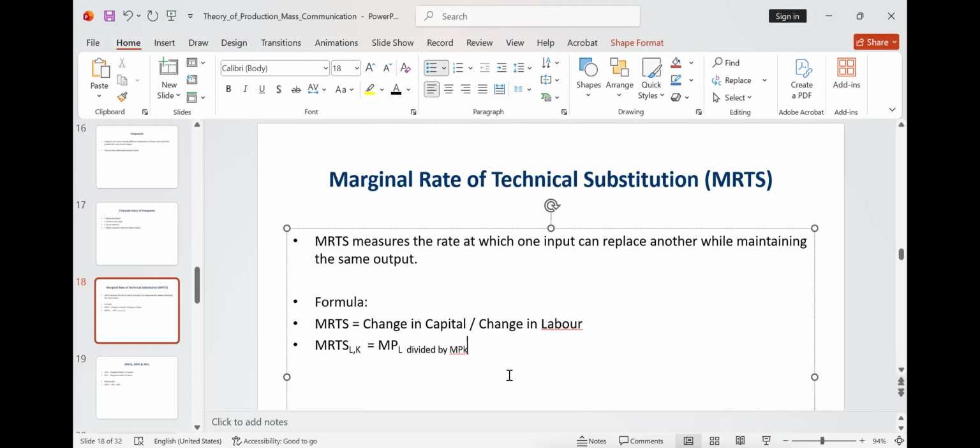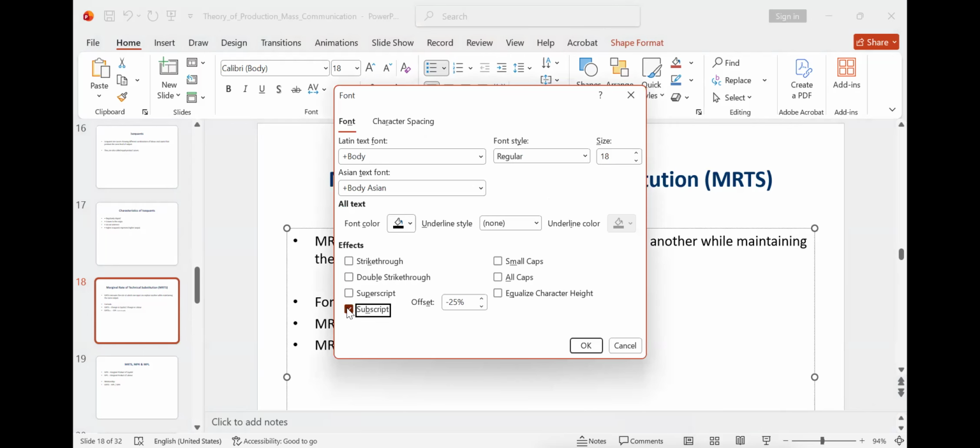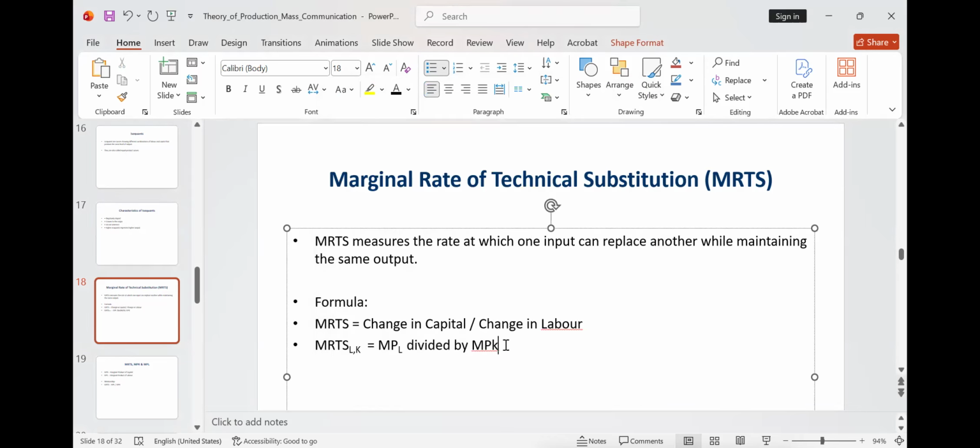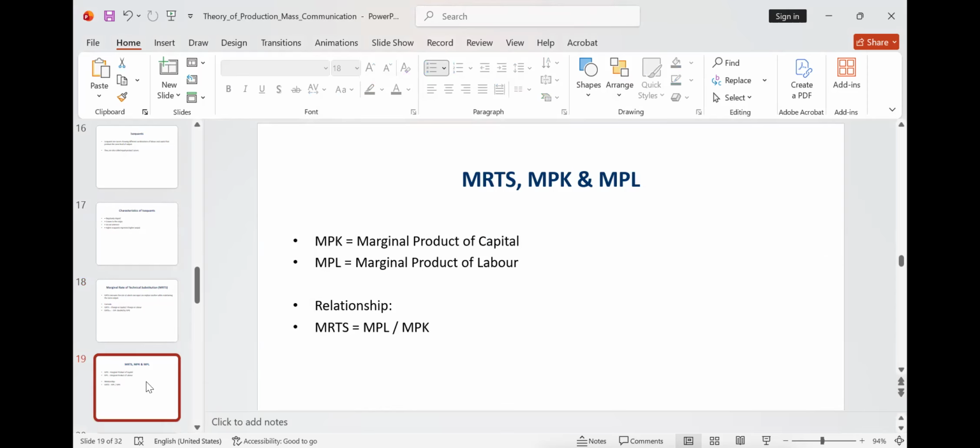Okay. So MPL divided by MPK. Sorry that I'm typing alongside. So what I'm trying to say is that MRTS, marginal rate of technical substitution of labor for capital, is equal to MPL divided by MPK, marginal product of labor divided by marginal product of capital.